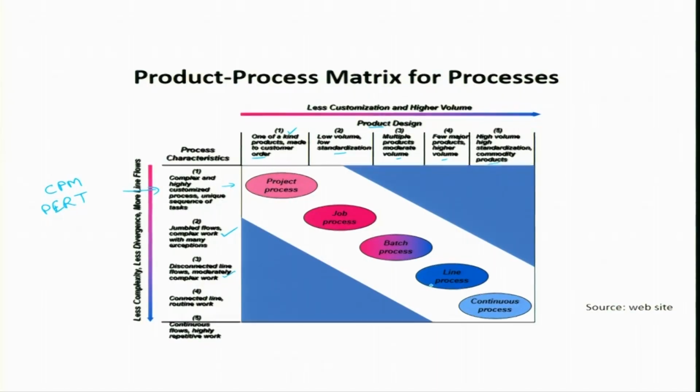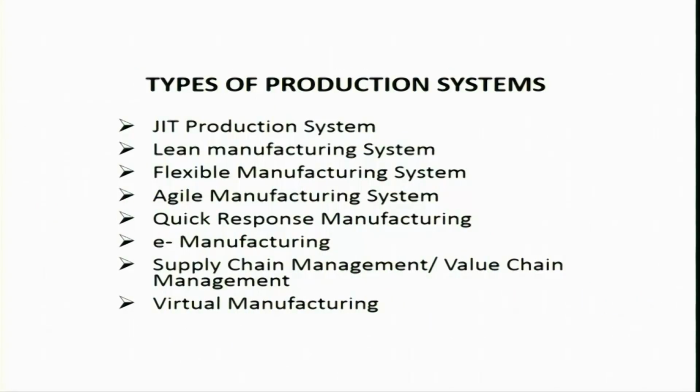And line processes is the simplest to manage, connected lines and routine work. And continuous production, as I said, continuous flow and highly repetitive work. Continuous production is also an example of mass production, but its output is continuous in nature.